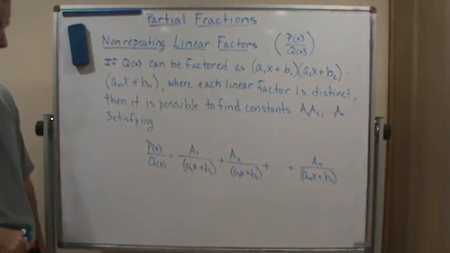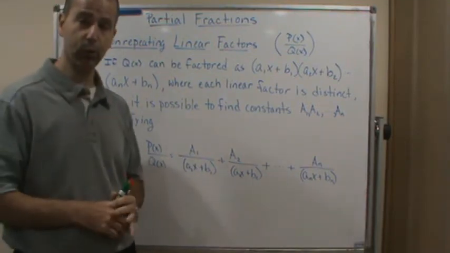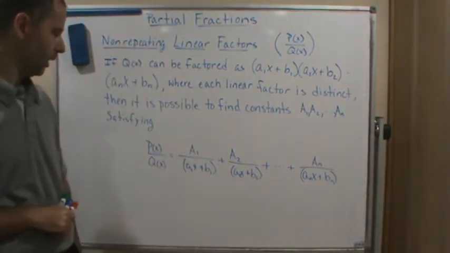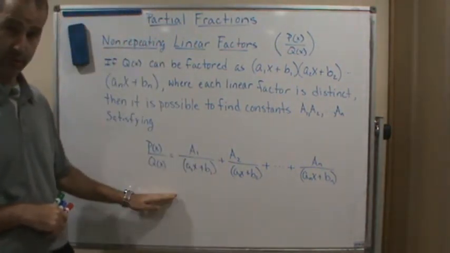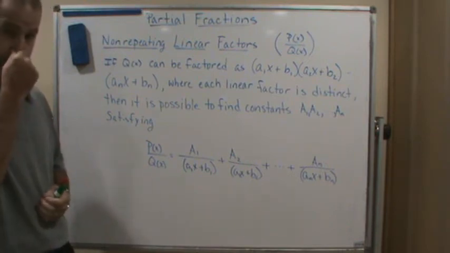That's a fact. We're not going to prove that here. The proof that such constants exist is beyond the scope of this class, but we are going to use this fact. And this is the first case.